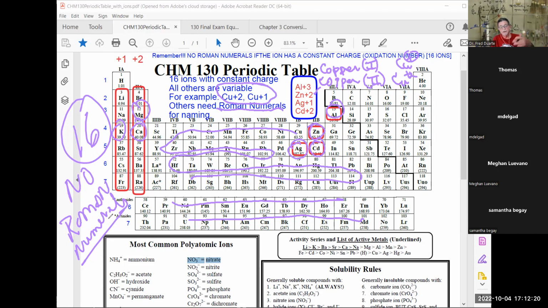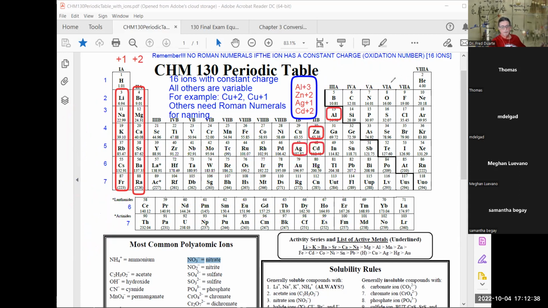Because in the old days, they used to call copper 1 and copper 2 cupric and cuprous. Very ambiguous, and sometimes confusing to keep straight which one you're talking about. Now, with this nomenclature method with Roman numerals, no questions. You know exactly which metal you are talking about.